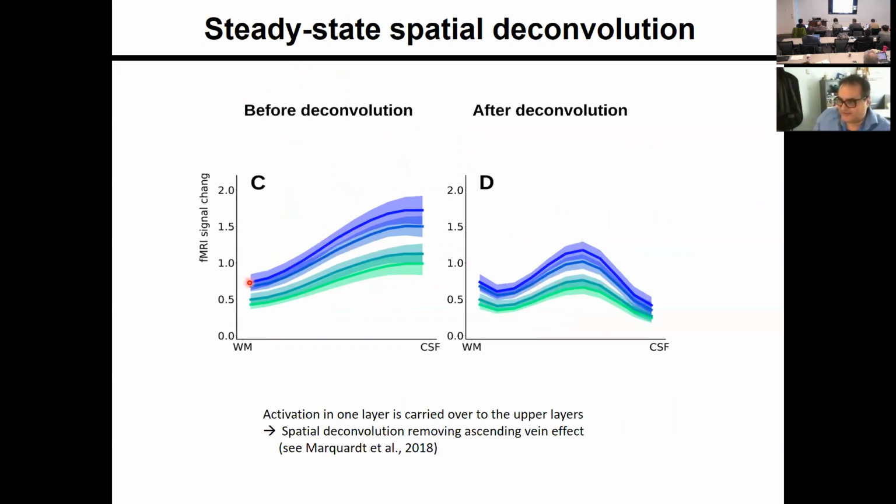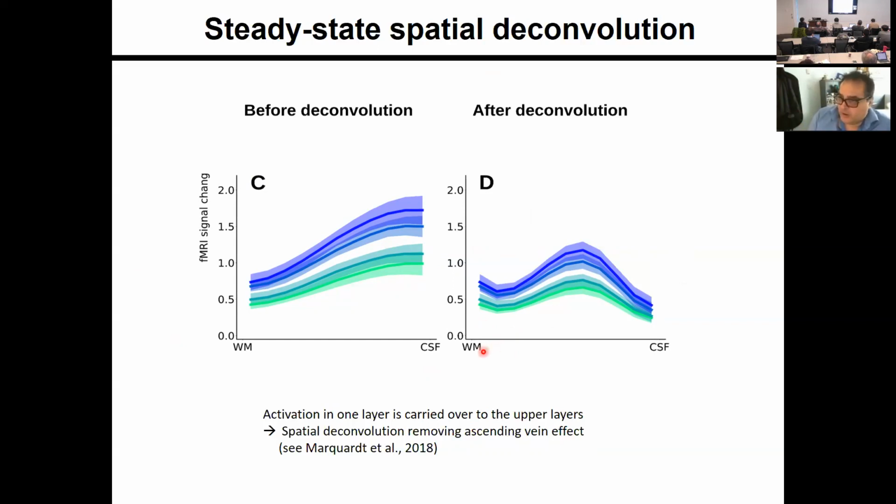Even though we had an increase of the signal from white matter to CSF, after the deconvolution there is a peak, and the peak is approximately in the middle layers, which is expected for the feed-forward stimuli we use in this experiment. Obviously this is not a proof, but from our expectation, this looks more realistic. To a first approximation, the method was working.